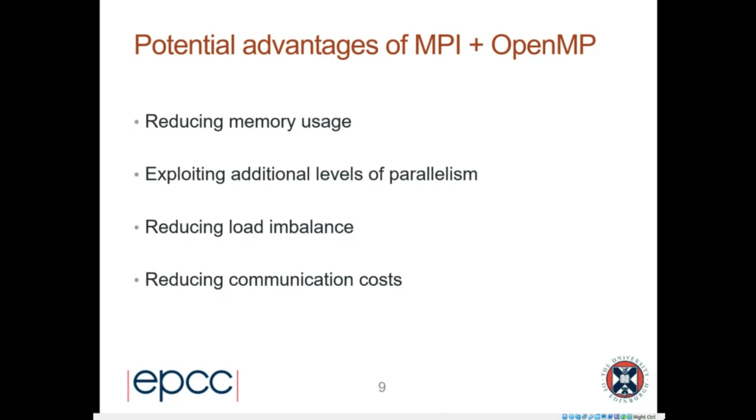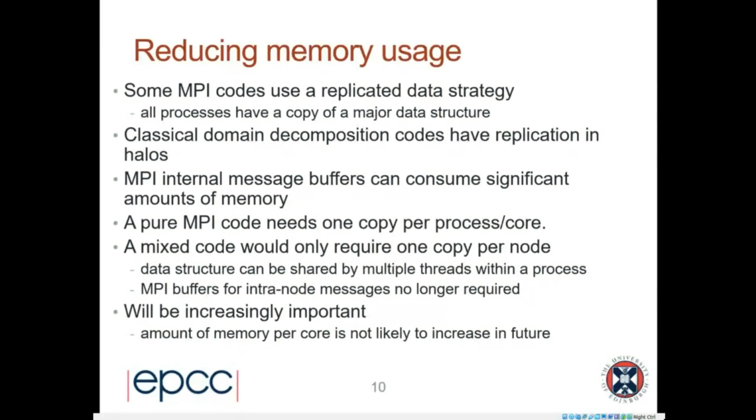So the potential advantages of MPI plus OpenMP are reducing memory usage, exploiting additional levels of parallelism, reducing load imbalance, and I mentioned briefly on Wednesday that load imbalance was quite tough to address in MPI, and reducing communication costs. First, reducing memory usage.